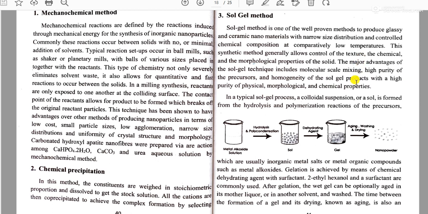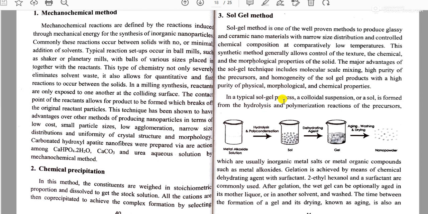We are able to obtain nanomaterials of very high purity because the precursors we use are of very high purity. We purchase them from suitable suppliers, and therefore the composition can be controlled.